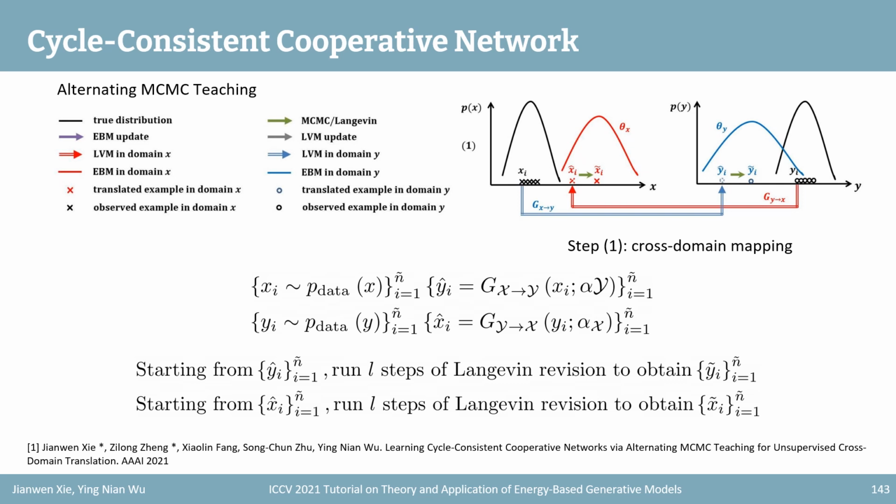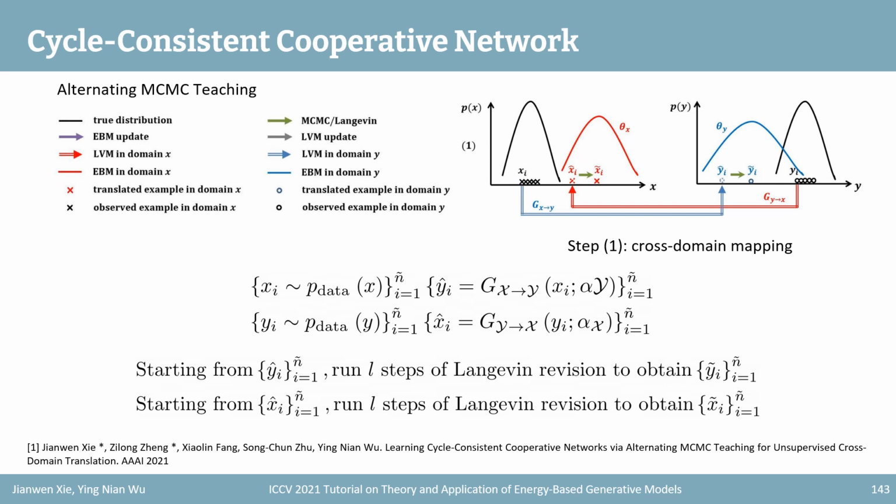Now, we are going to talk about the learning algorithm of the cycle-consistent cooperative network. The algorithm is called alternating MCMC teaching, which iterates the following three steps. First, cross-domain mapping. Secondly, density shifting. Third, mapping shifting with cycle consistency.